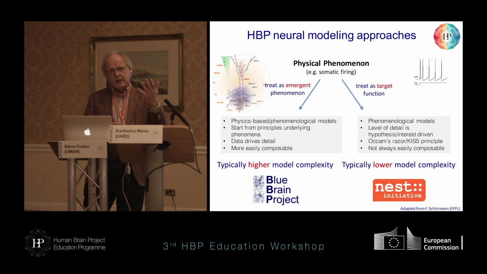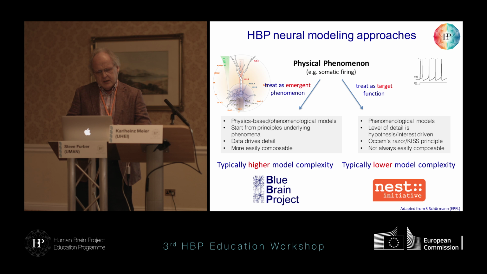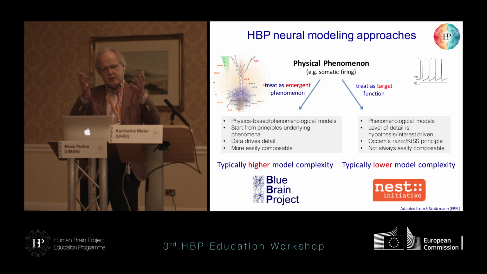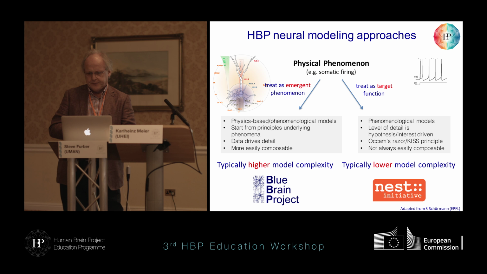So we're looking at physics-based models. We're working from first principles. The details of the model are all defined from experimental data, and then we can assemble this into systems, and we get a very high model complexity.